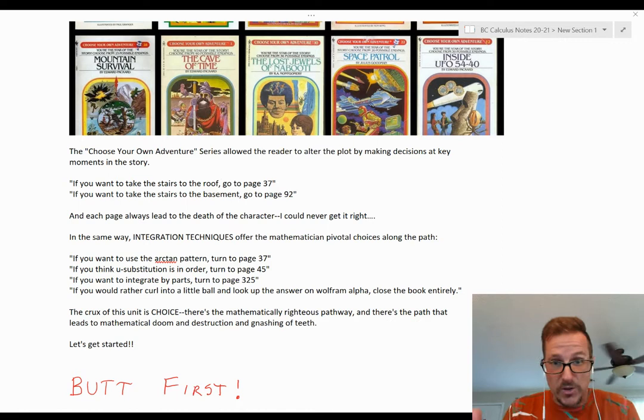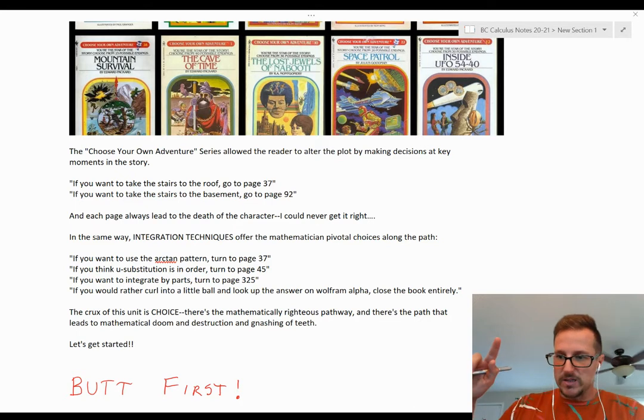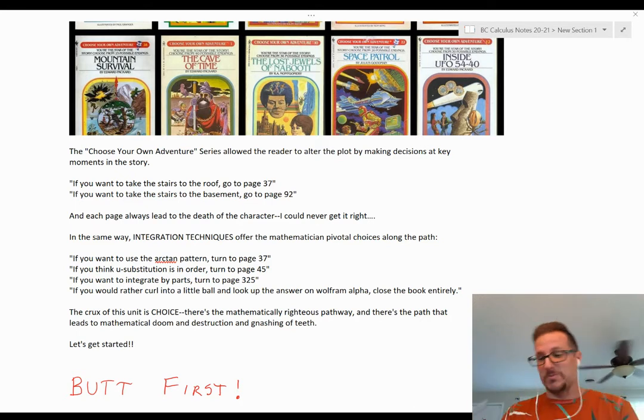We have lots of choices with integration patterns. Just like the derivative rules, we had some choices. Sometimes we use product rules. Sometimes we use the chain rule. Sometimes we use the quotient rule. Sometimes we use trigs. We get choices, right?